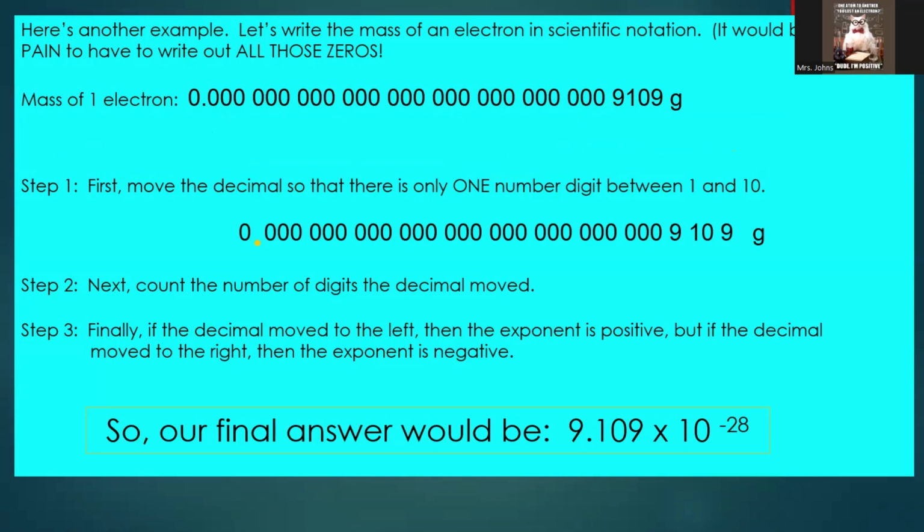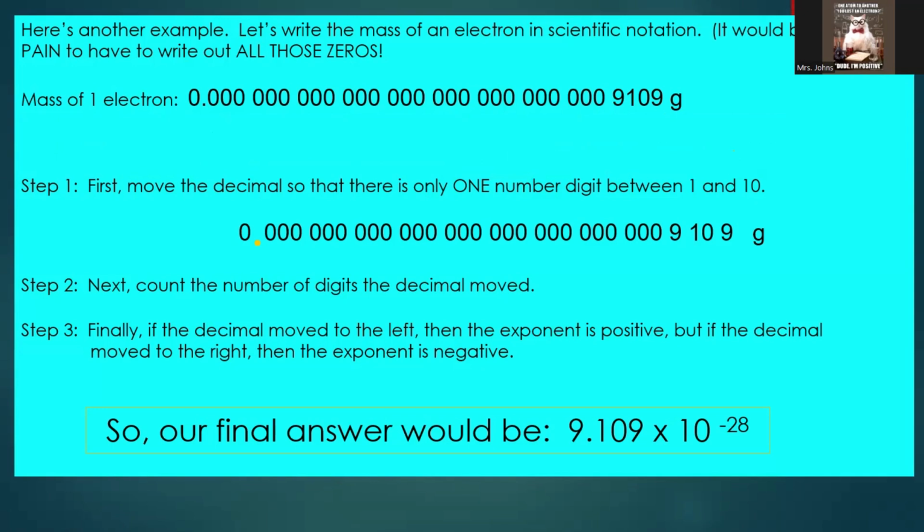All right, so here's another example. Instead of it being a really big number, this is an ultra tiny number. We're going to talk about the mass of one electron. If we could weigh one electron, it would be all these zeros, 9109.